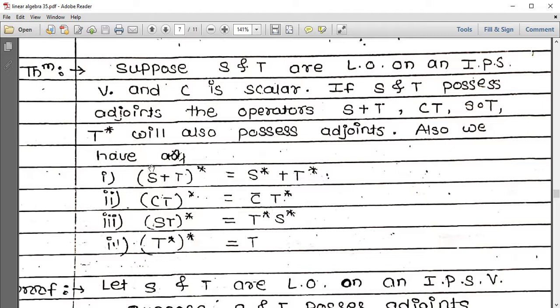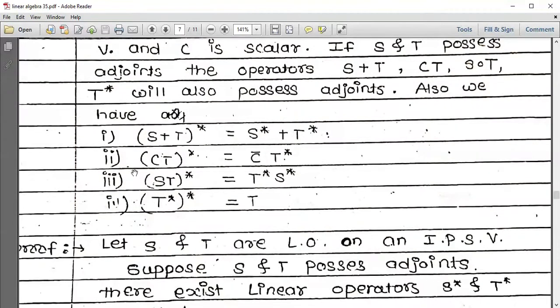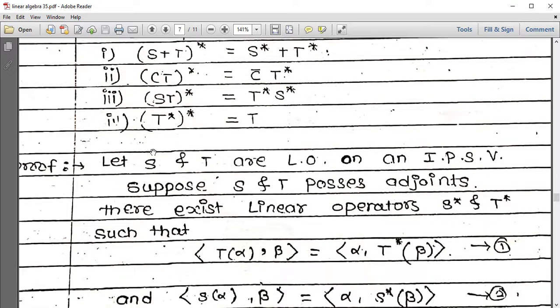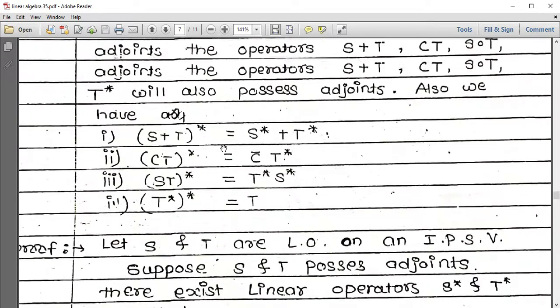Also, we have: first, (S plus T) star is equal to S star plus T star. Second, (C into T) star is equal to C bar into T star. Third, (S into T) star, the composition of S and T, is equal to T star into S star. Fourth, T star of star is equal to T itself. We have to prove these four conditions.